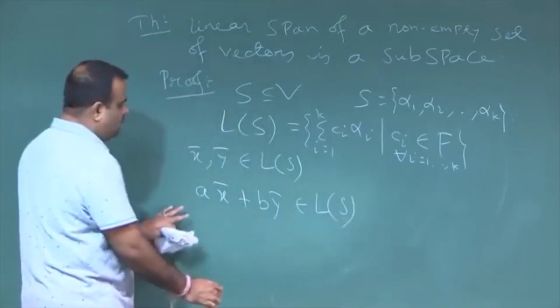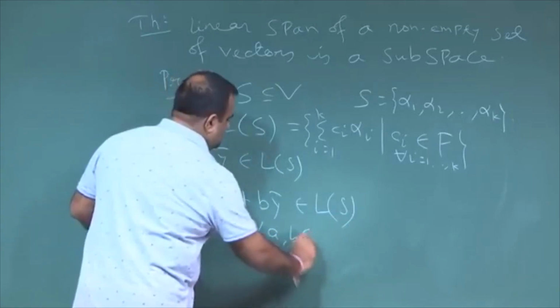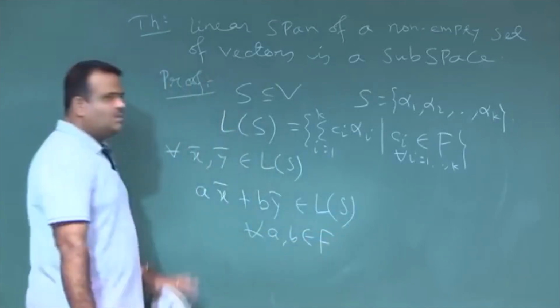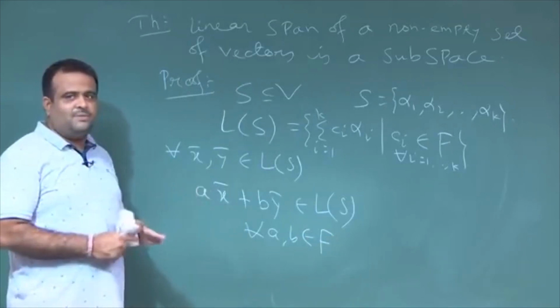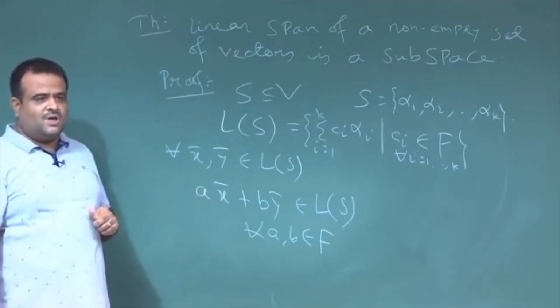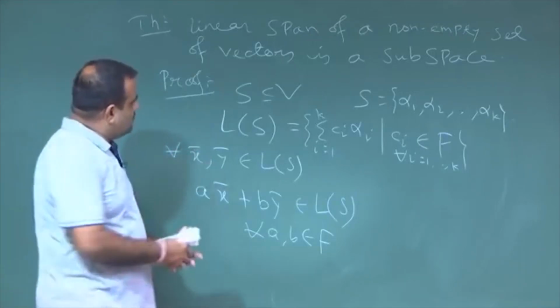If this is true for all A, B and all x, y, then we are done. Then this is a sufficient condition for a non-empty set to again form a vector space. So, we are going to prove this.